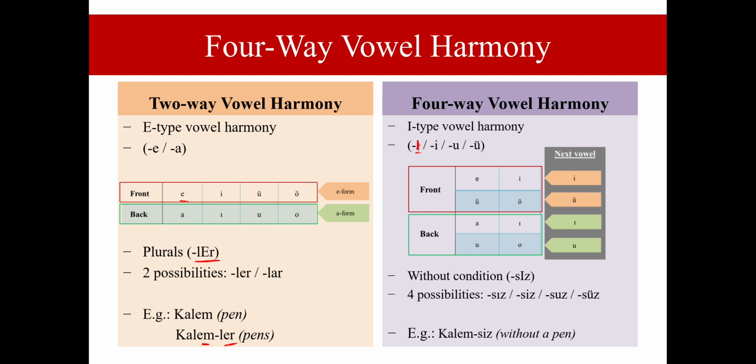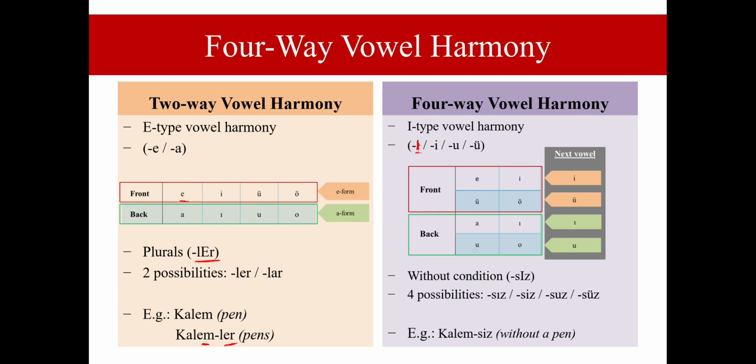Whereas if the last syllable of the word has U or O, you're going to use the U form. If it's A or I, the I form. U, O, the U form. We have four options here, hence the name four-way vowel harmony.